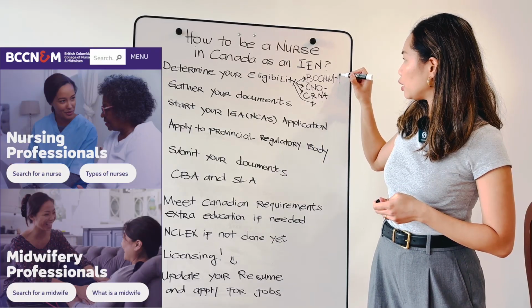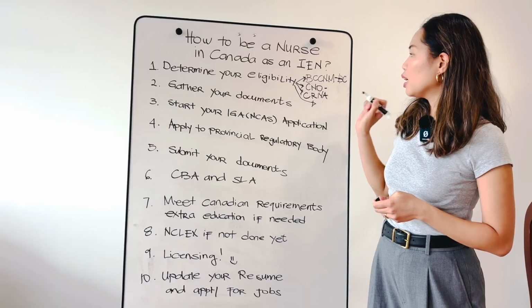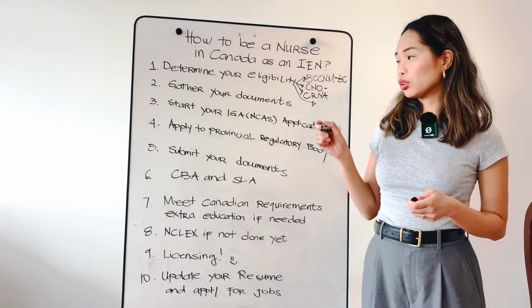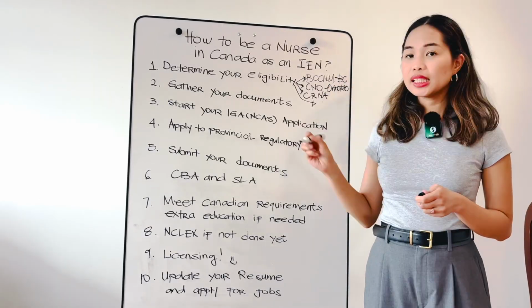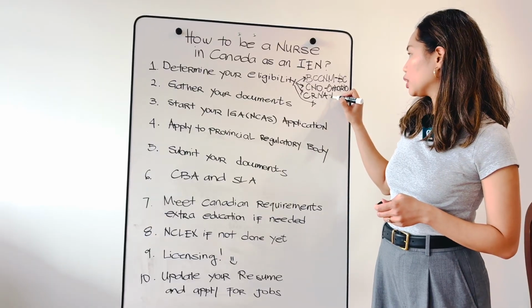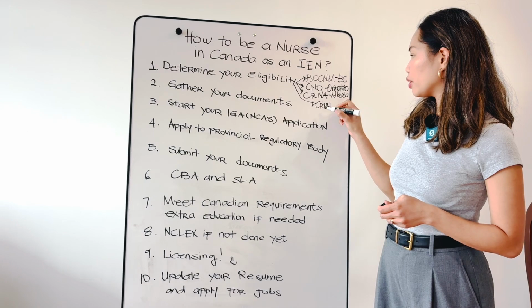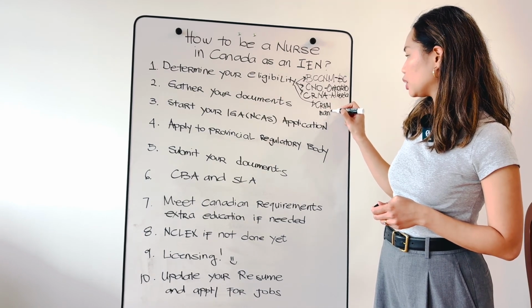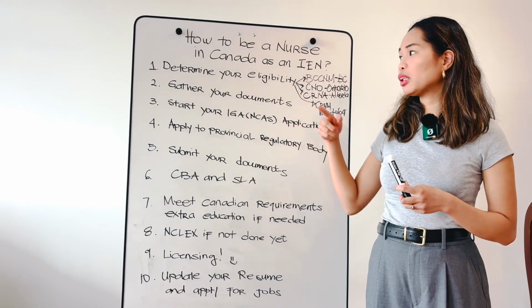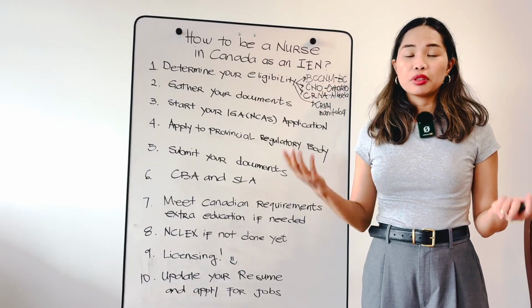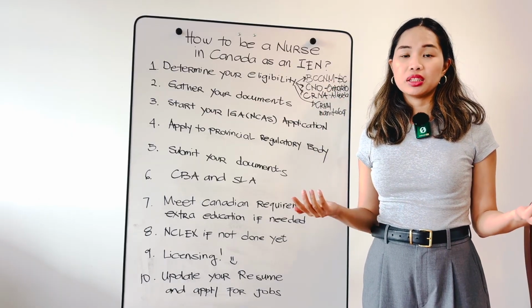So that will be CRNO if you want to go to Ontario, CARNA if you want to go to Alberta, and it would be CRNM if you want to go to Manitoba. So the first step would be determine your eligibility, because you will know then what requirements you need to submit.